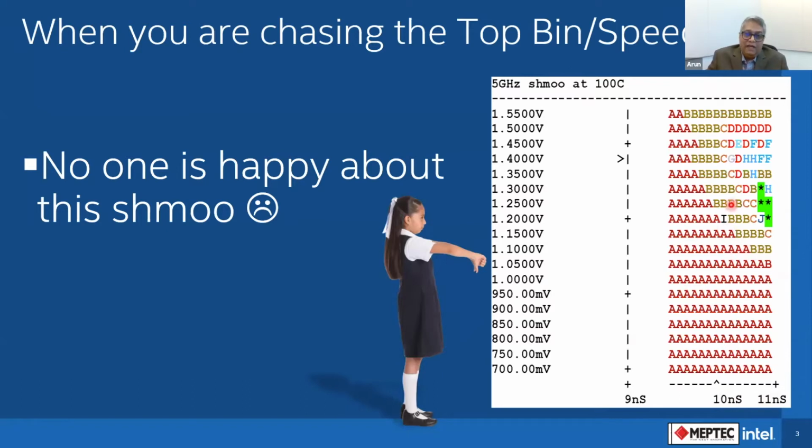And I don't have that. Even these particular green spots are flaky. That means I don't have a 5 gig part to sell, and no one is happy about it, right?